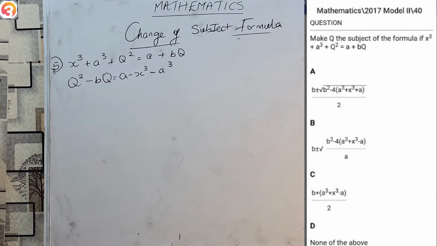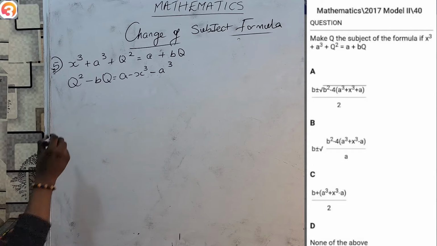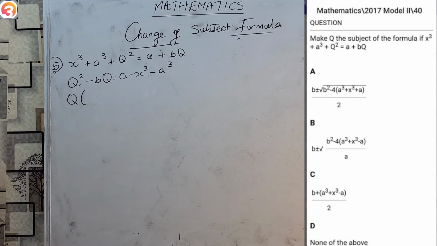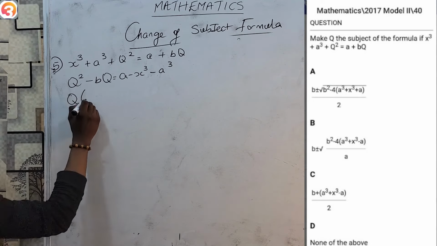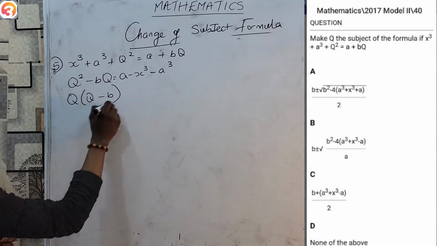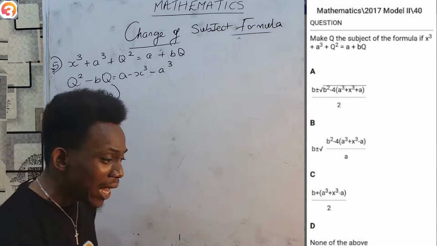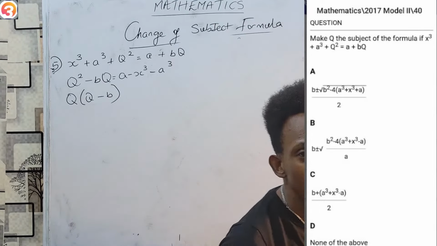Now, typically, at this point, we usually factorize. But here's where you notice an issue. If I try to factorize, this becomes q into, take one q out of q squared, and you still have q left. And that's a problem, because normally once we do this, everything with q will separate. That simply means I cannot factorize this the typical way.